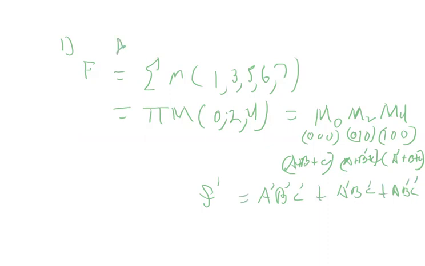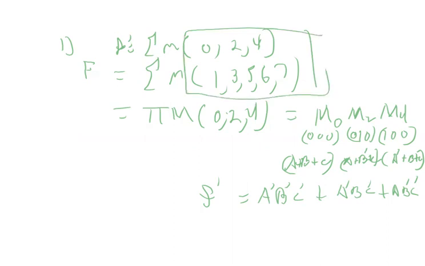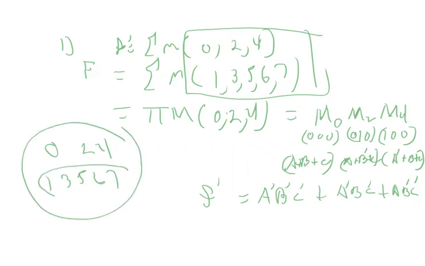Because F prime is equal to, in sum of products form, 0, 2, 4. That's F prime. In other words, it's the complement of the set. So if you look at the set of numbers 0, 2, 4, 1, 3, 5, 6, and 7, here's the whole set, here's the subset, and this is the complement of that subset. So if this makes it positive, then this will make it negative. So that's how that works.